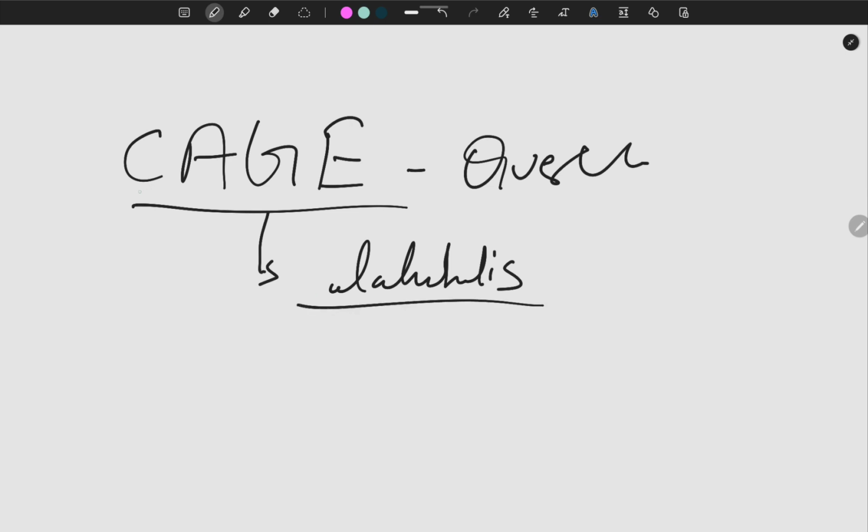For this reason we can use the CAGE questionnaire, to see how much the patient is dependent on alcohol.